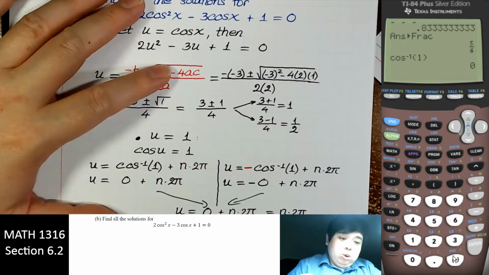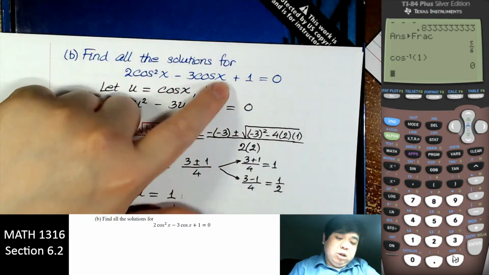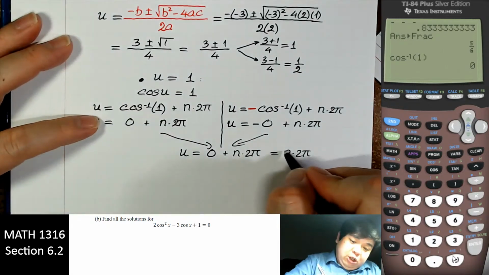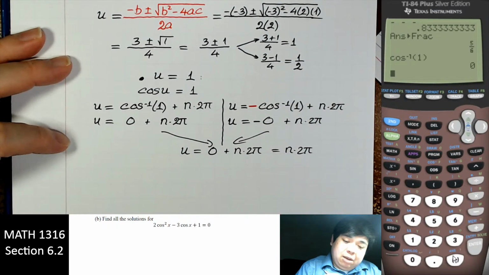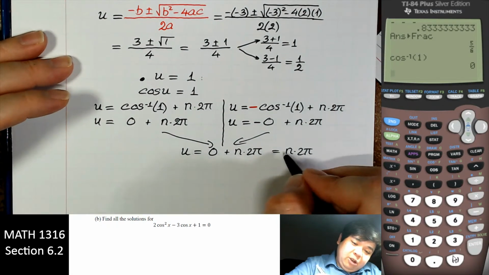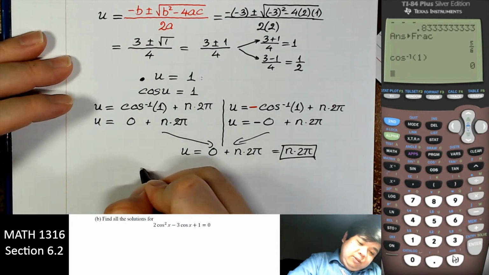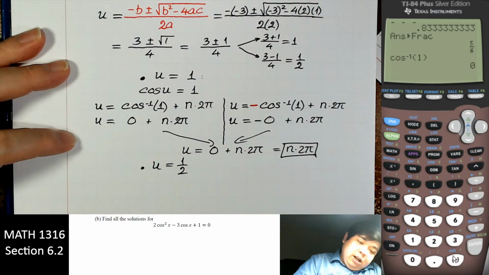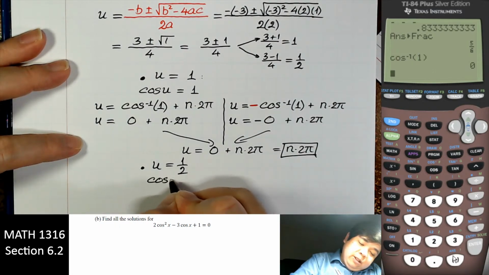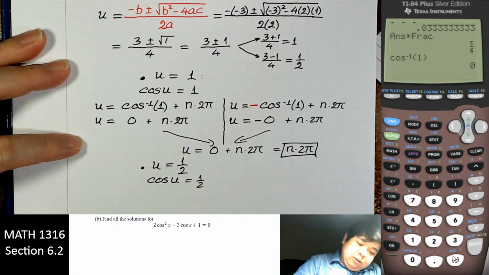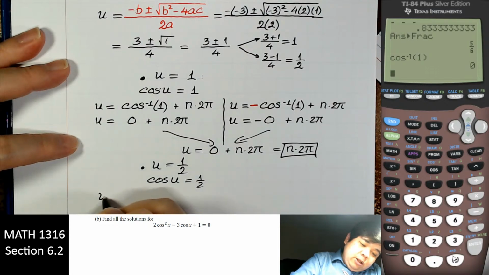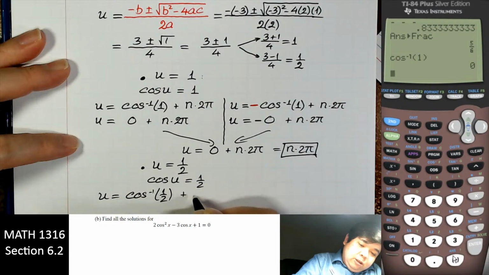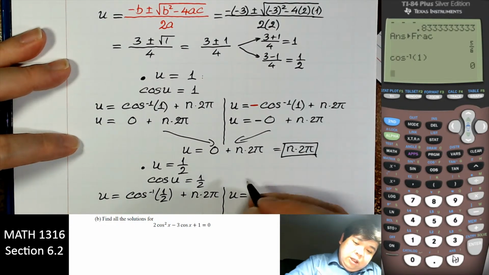Now the solution in here does not say between 0 and 2 pi or not. So for the solution we just say n times 2 pi. Right, so one solution. Or u equal to 1/2. Cosine is equal to 1/2. We take cosine inverse, or the opposite.